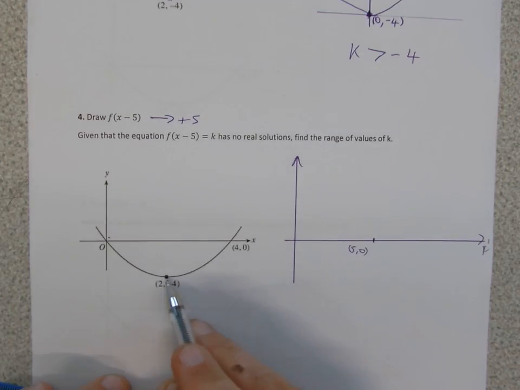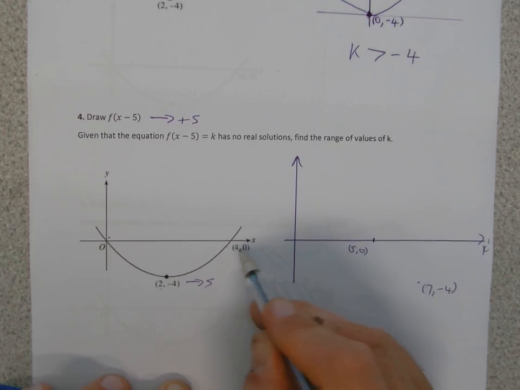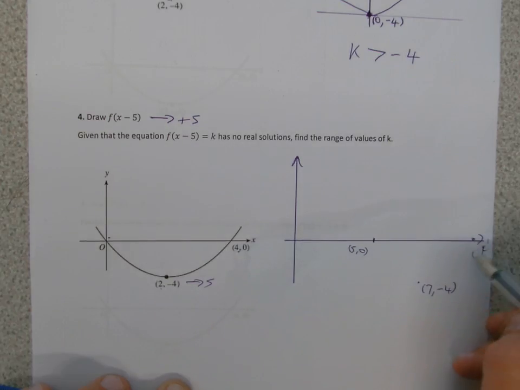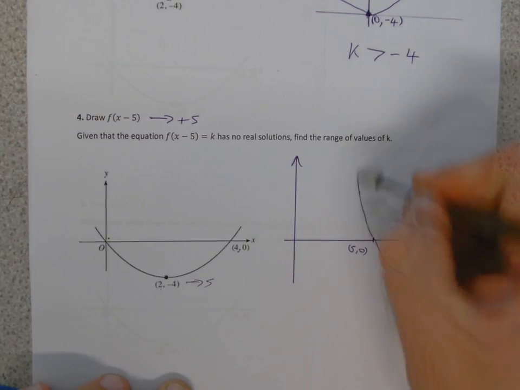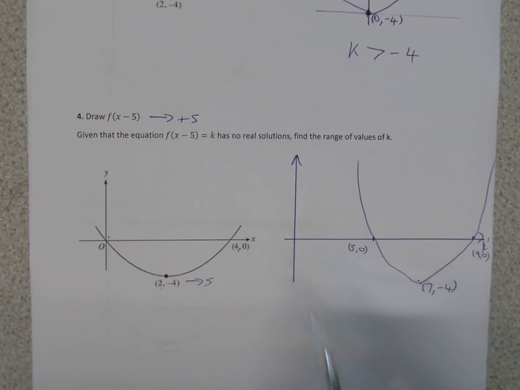This is going to be shifted along 5, so if you think about it, that will become 7. The y value stays as minus 4, and then shift that along 5, you get 9. 9, 0. Okay, there's your graph there, something like that. Anyway, it's not very well drawn, but it's okay. You've got the values in there, that's the main thing. Make sure the values are nice and clear.